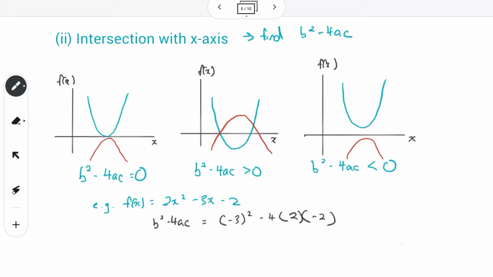If not, your answer will be different. And here, this calculates to something like 25, I believe. And therefore, this is more than 0. And you therefore know that your graph intersects the x-axis at 2 different points, i.e. it looks something like that.